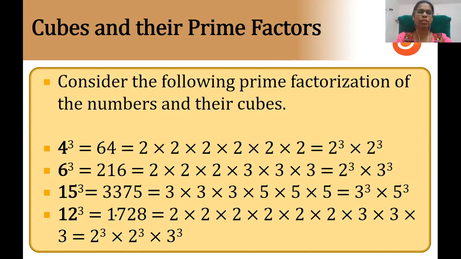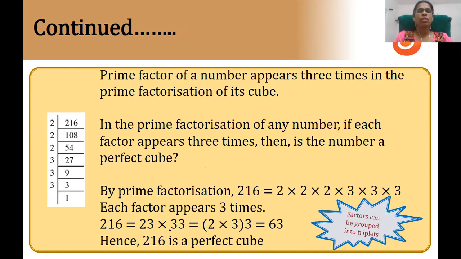Cube of 12 is 1728, which we got as 2 cube multiplied by 2 cube multiplied by 3 cube. We will discuss now how to find the cube root of a number. The prime factor of the number appears 3 times here. By prime factorization we can do it for 216. We have factorized here. We are finding the cube root here.